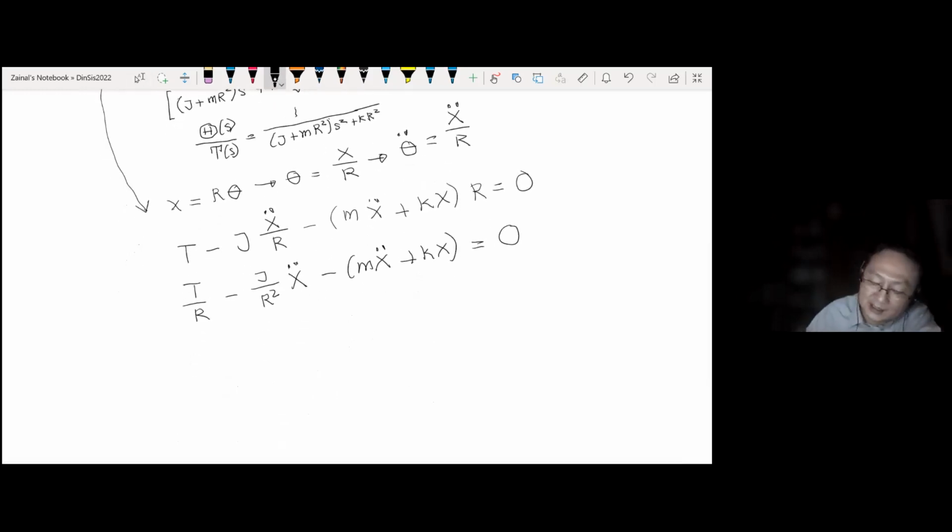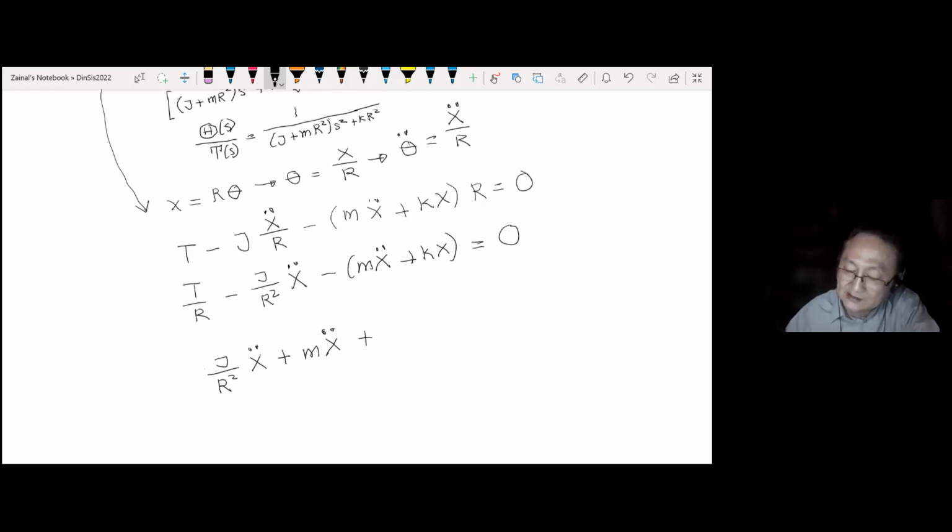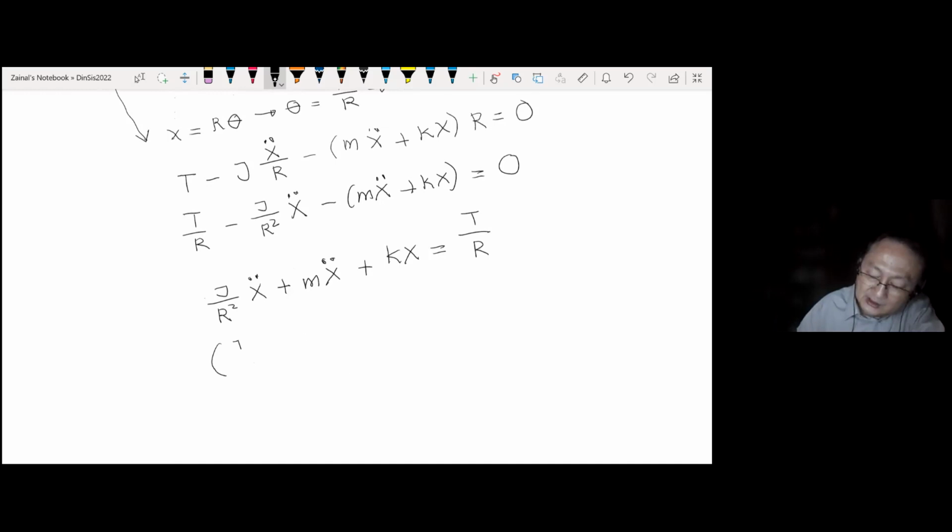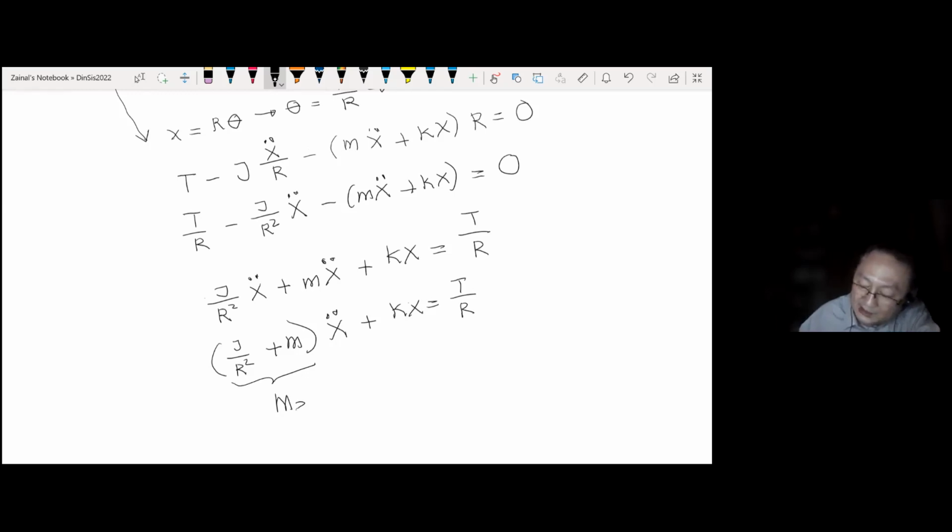If you do this one, then J divided by r square x double dot plus m x double dot, plus kx is equal to T divided by r. Or you say J divided by r square plus m, x double dot plus kx is equal to T divided by r. So this one is m equivalent.